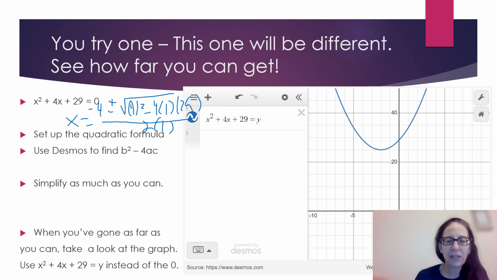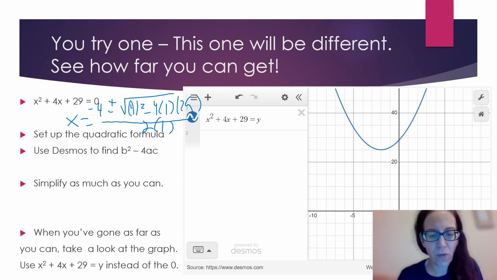Now let's check out what Desmos does. We're going to use Desmos for that 4 squared minus 4 times 1 times 29. And what you notice is that we have a -100.